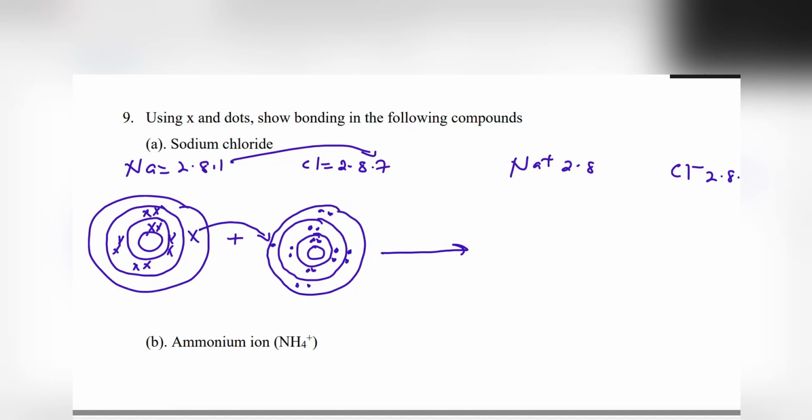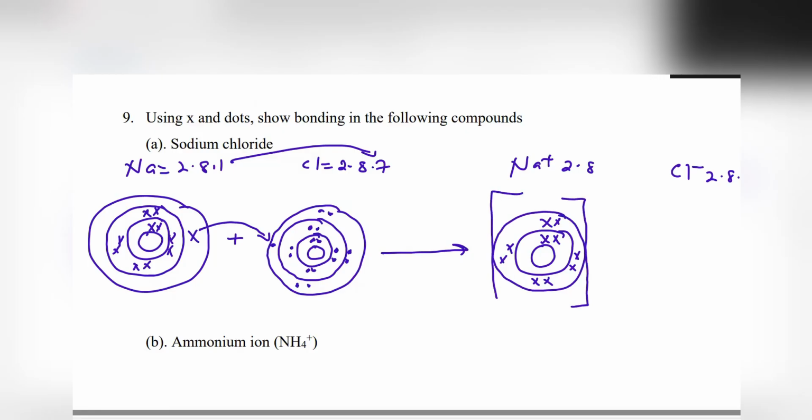So we are going to draw the sodium ion with 2, then 8. So this is an ion, we put it under square brackets and indicate the charge on it.